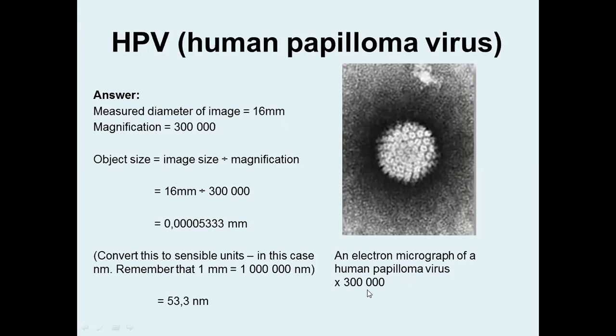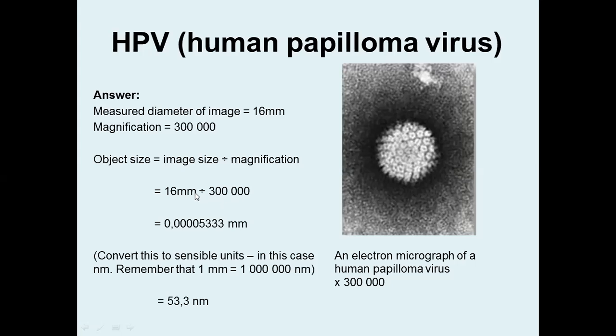I gave you the magnification down here at 300,000 times. And the formula then, and you must write the formula: object size equals image size divided by magnification. So 16 millimeters divided by 300,000.